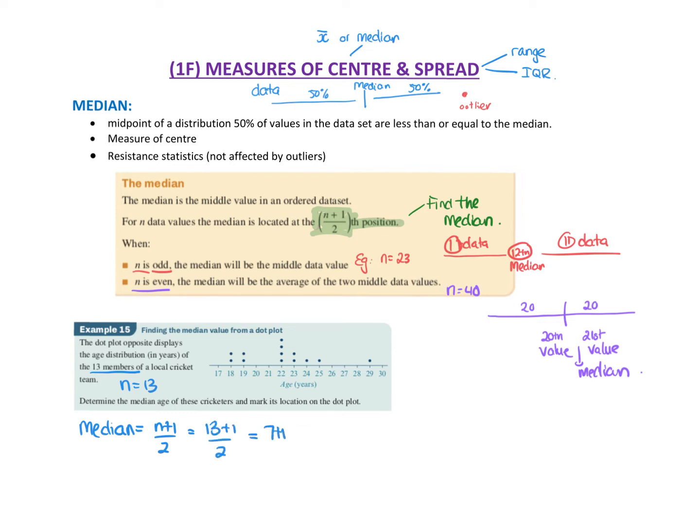It's the 7th value. You start at the lowest and count up: 1, 2, 3, 4, 5, 6, 7. So the 7th value is 22, and 22 equals the median.